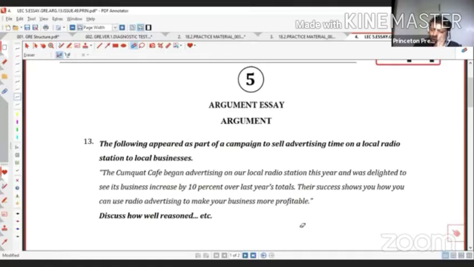So if you do, then your business will also be bigger and will have more profit.